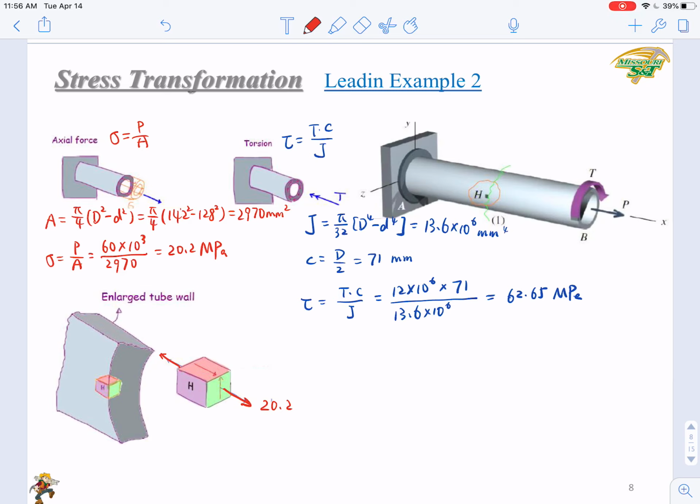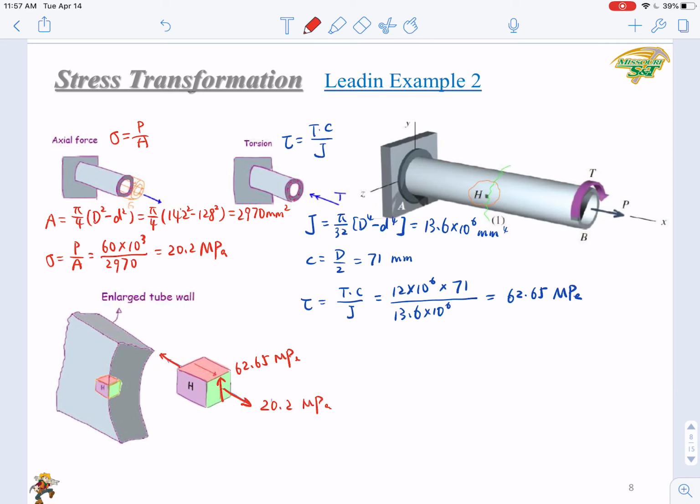The result of this torque T on the green colored surface will be an upward shear. So this value is 62.65 MPa.